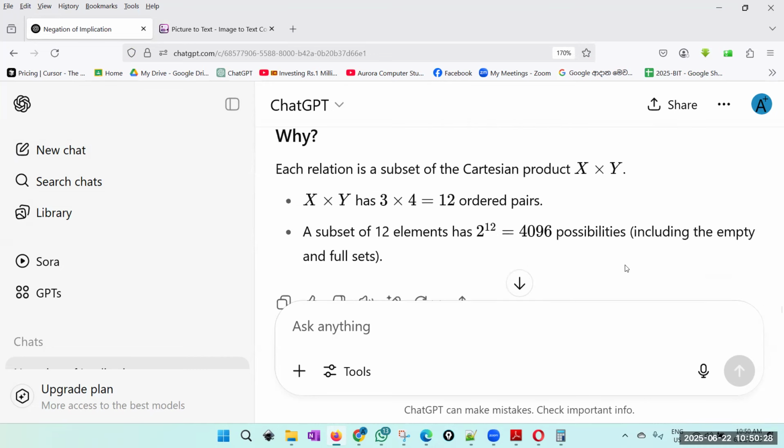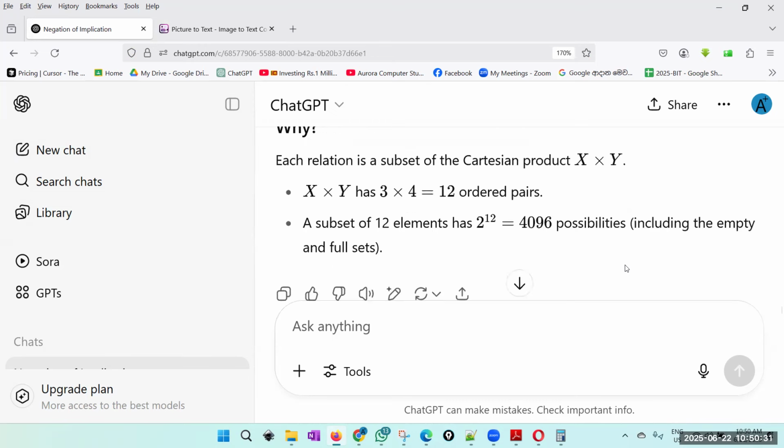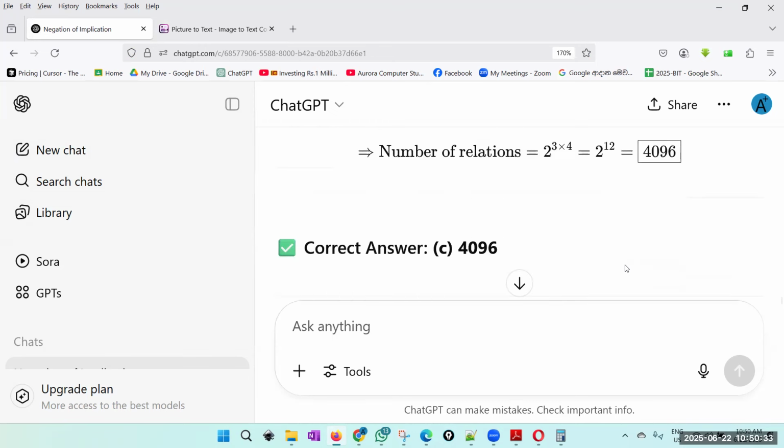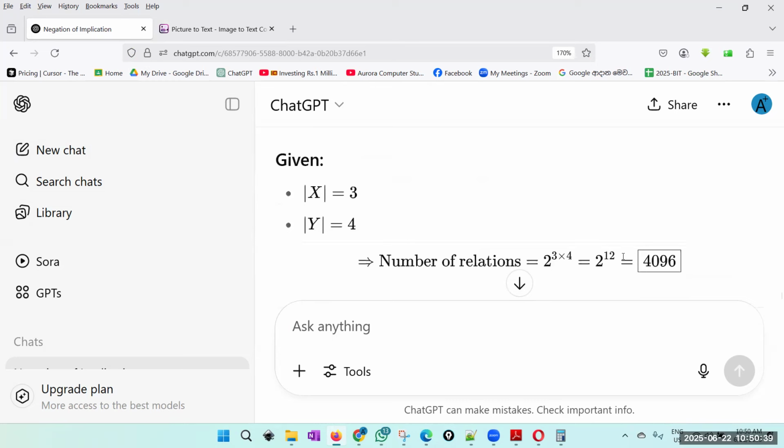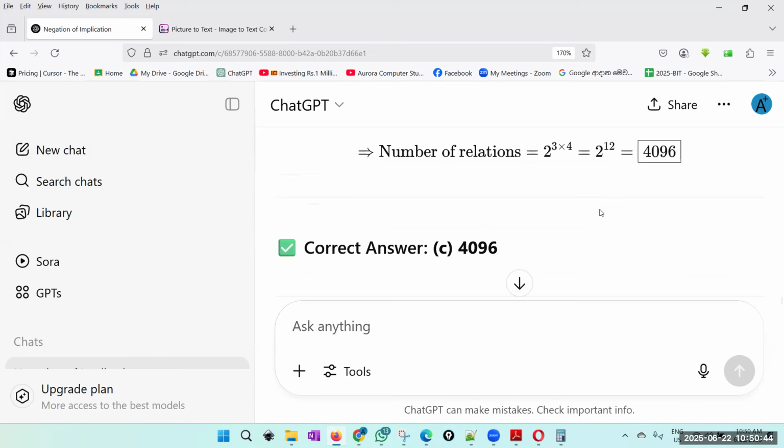I have no idea, but 2 to the power x into y gives you 4096. It's not a normal nCr formula either, right? So 2 to the power x is how many ways?